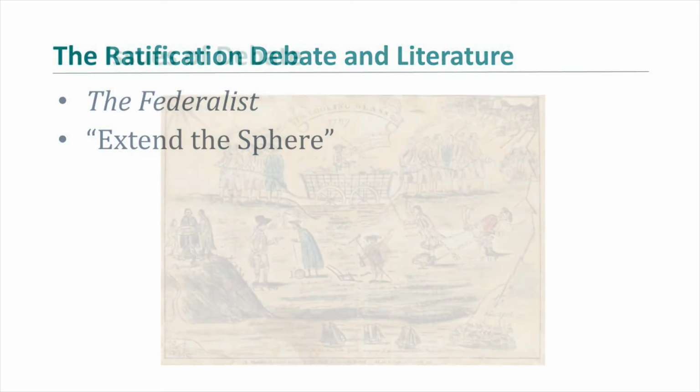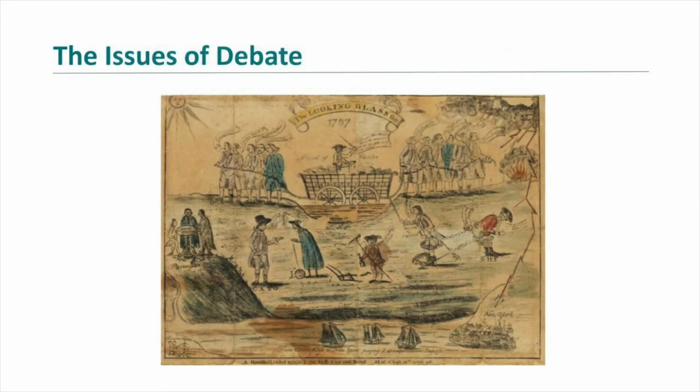This is a satirical engraving by Amos Doolittle. By the way, he had an image about the Battle of Concord we saw a couple of weeks ago, and it depicts some of the issues in the debate over the ratification of the Constitution. The wagon in the center is carrying Connecticut and sinking into the mud under the weight of debts and paper money as Federals and Anti-Federalists try to pull it out.